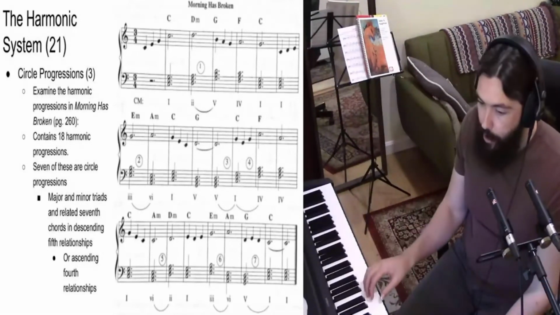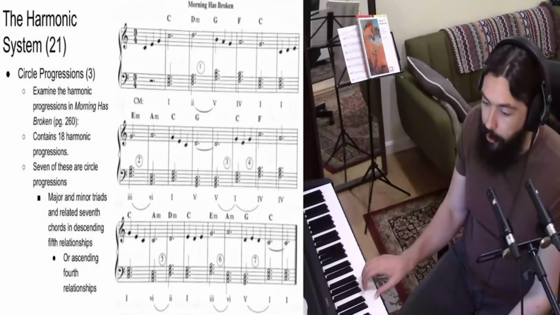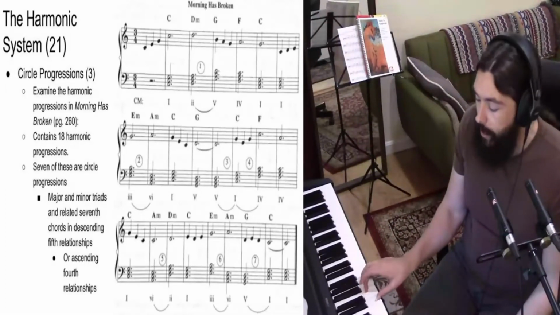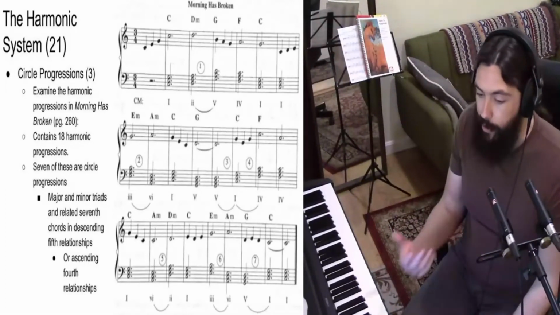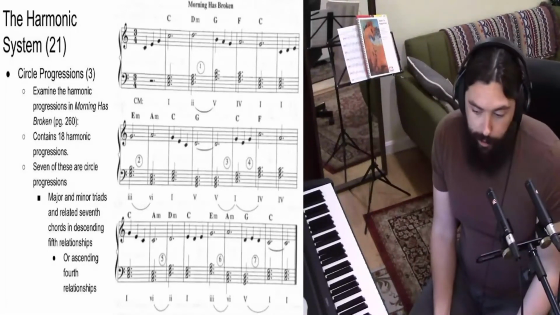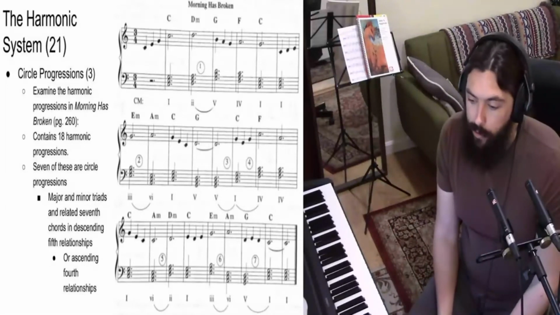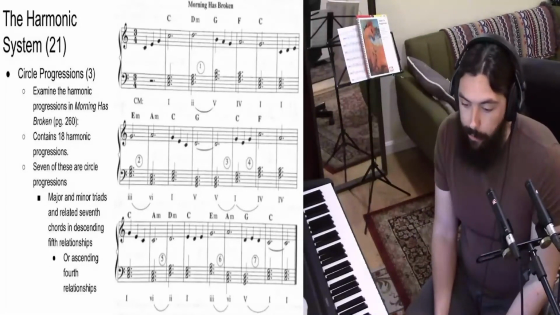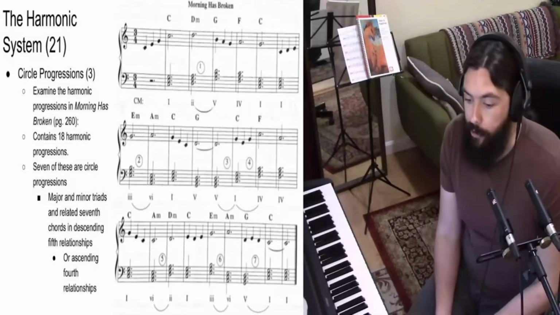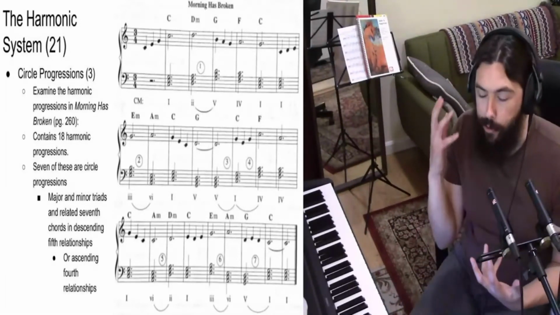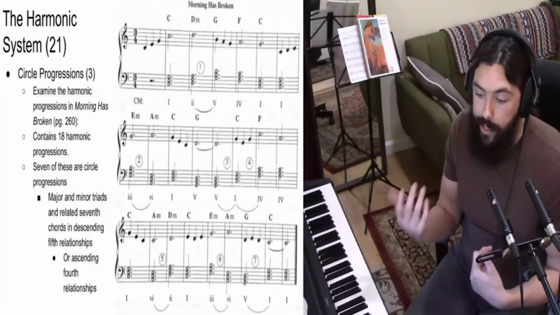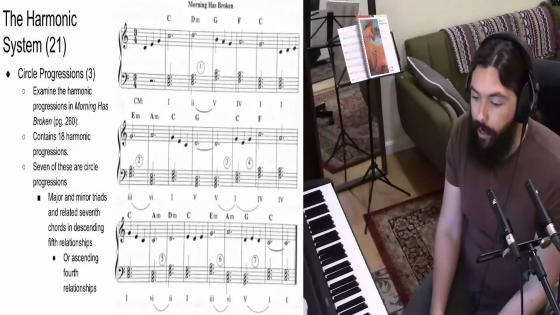The first chord that we see, C to D minor, counts as a harmonic progression, although that one's not considered a circle progression because it doesn't go by a fourth. 7 of these are circle progressions, the ones that we see connected with a line. Circle progressions in this case are anything that's an ascending fourth or a descending fifth relationship.